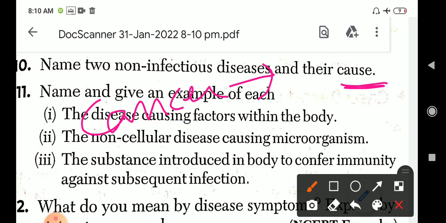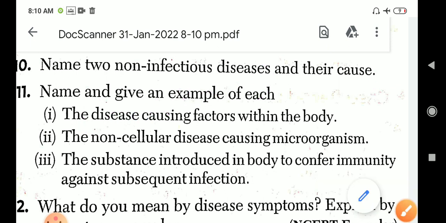If you are not taking a particular nutrient for a long time in your diet, then you will suffer the disease related to that. Now if it is high blood pressure, then it may be due to excessive weight, lack of exercise.